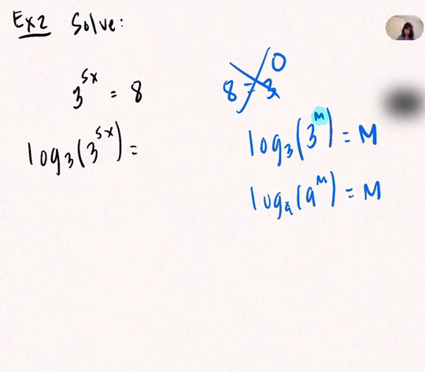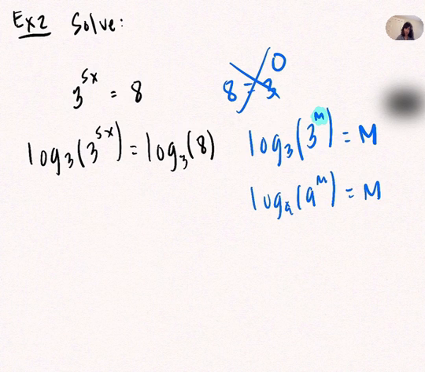The logic is if 3 to the 5x equals 8, then if we do log base 3 of both sides, these should still be equal to each other. So I'm taking log base 3 of both sides of the equation. Why would I do this?